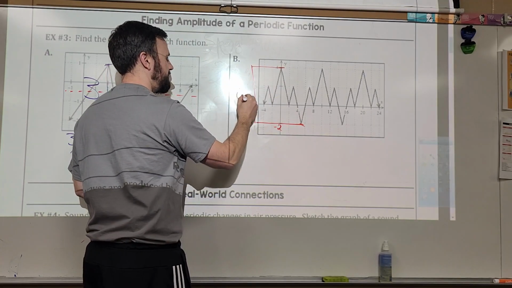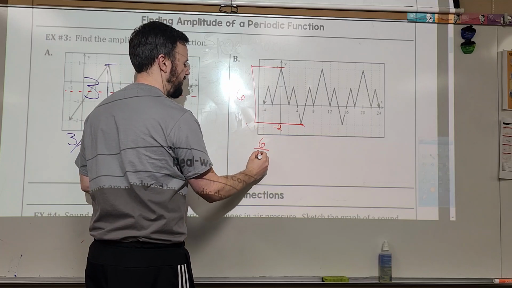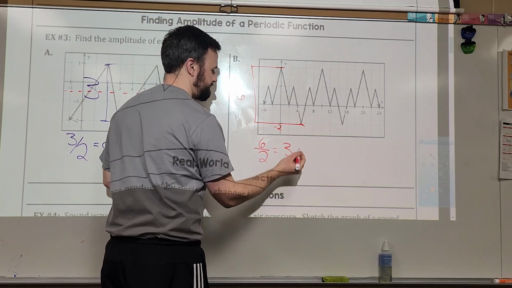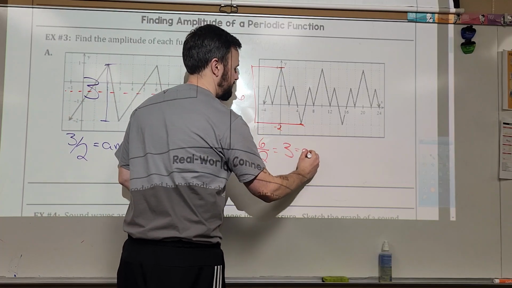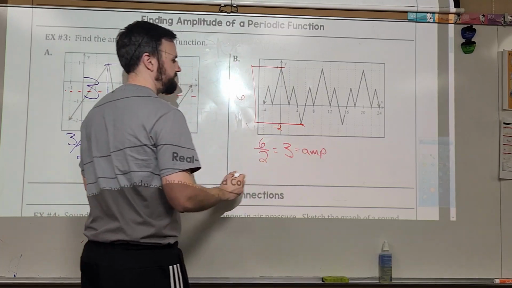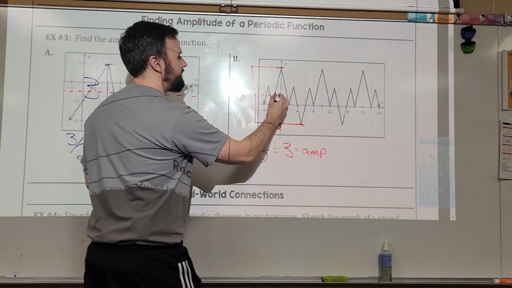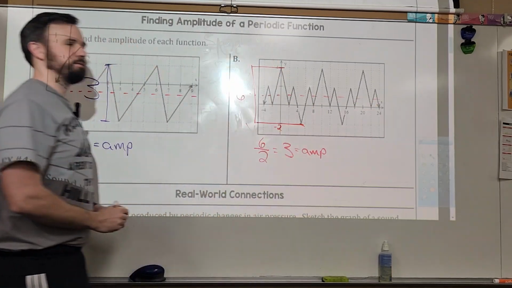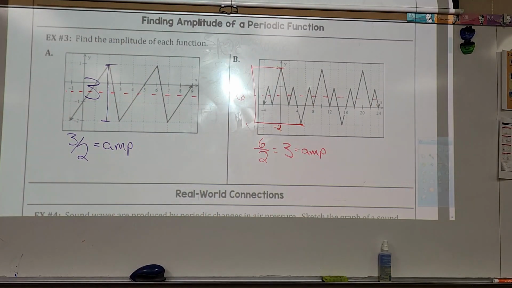So I do 6 divided by 2, which is 3. And again, think about that as my center. Wherever half of that is going to be the center. That's going to come more into play when we have to graph these. We're going to have to make a fake axis to go up and down around.